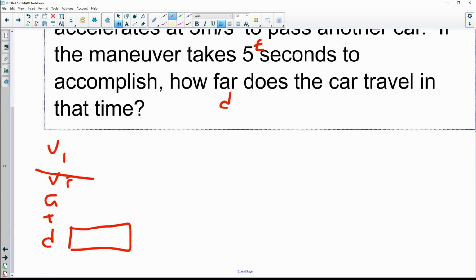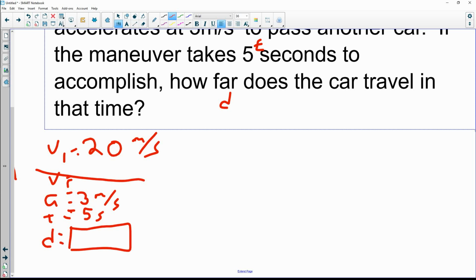So they're asking us for the displacement, the D. They don't give us the VF, but we know the VI, and that is positive 20. We know the A is positive 3 meters per second squared. And we know the time is 5 seconds. Now we're looking for what that D is going to be.